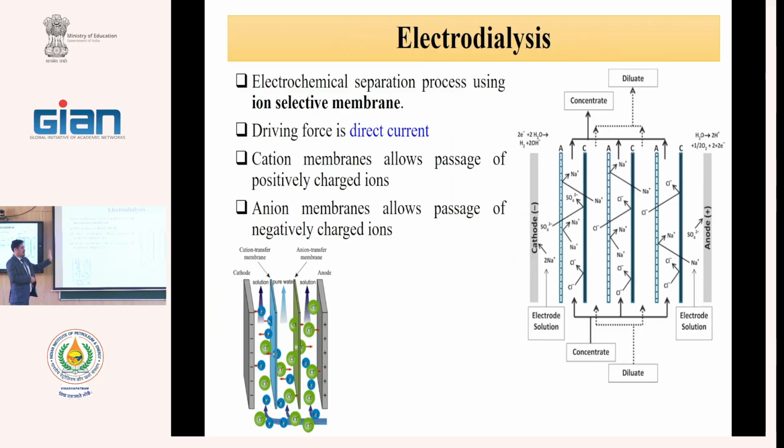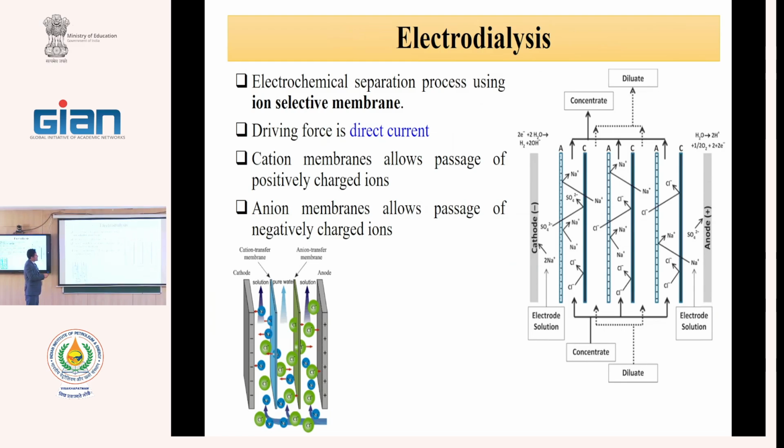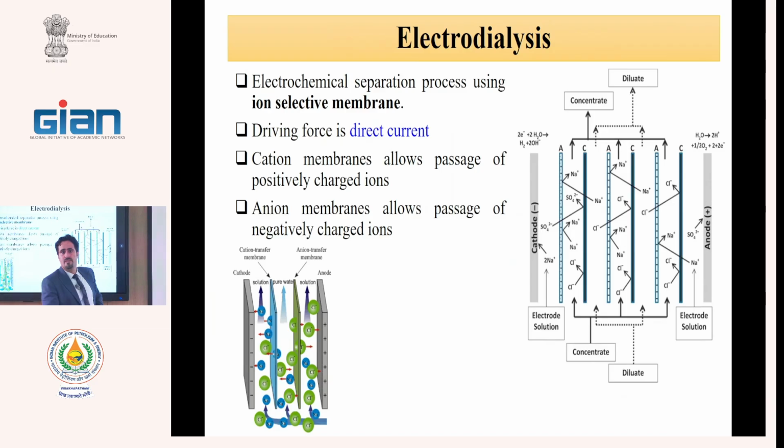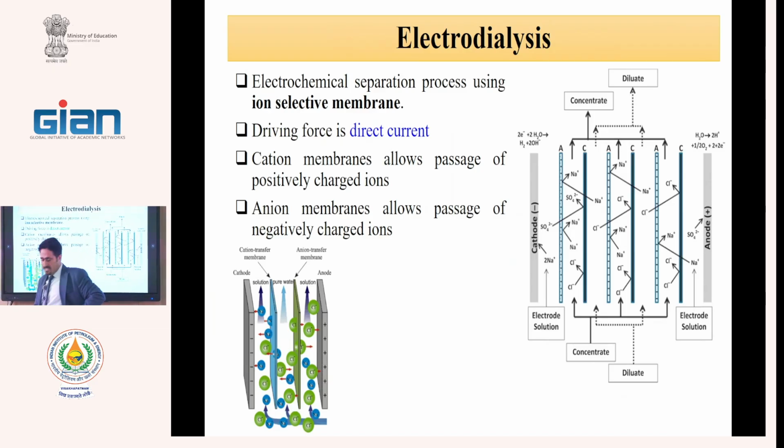All of the cations go to the left, and all of the anions go to the right because they're positive. Therefore, we have one row with concentrate, and one row with desalinated.